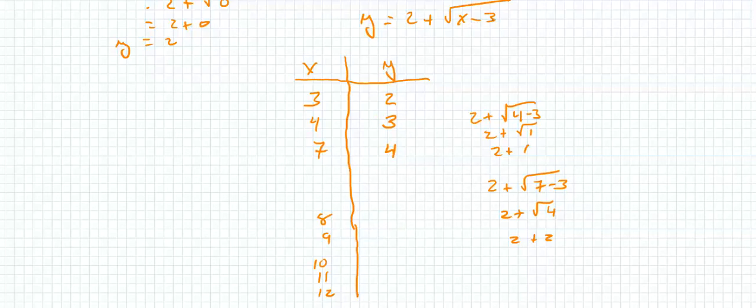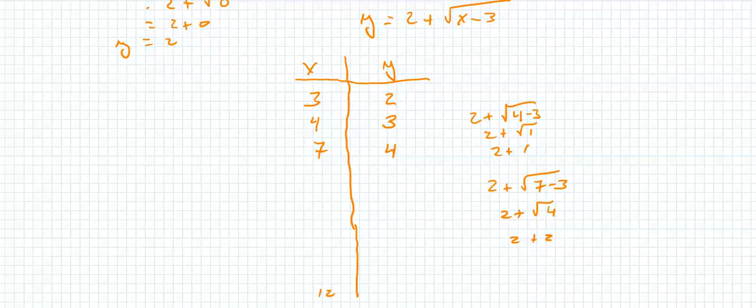Now, 8 minus 3 is 5. Square root of 5, I don't know it. 9 minus 3 is 6. Square root of 6, don't know it. 10 minus 3 is 7. Square root of 7, don't know it. 11 minus 3 is 8. Square root of 8, don't know it. 12 minus 3 is 9.